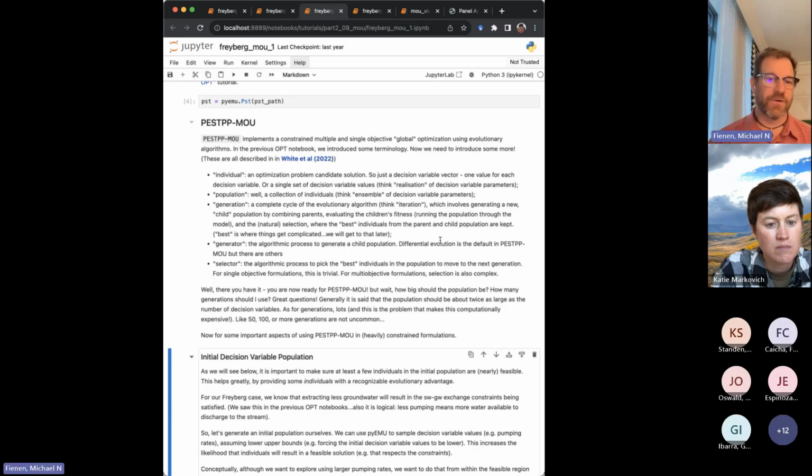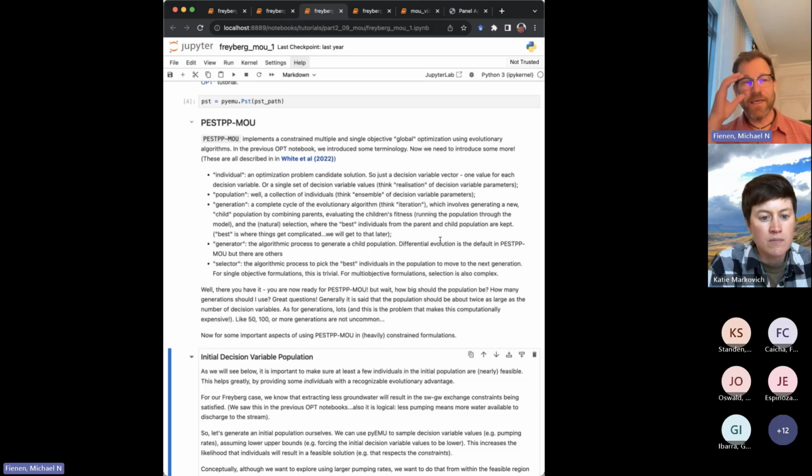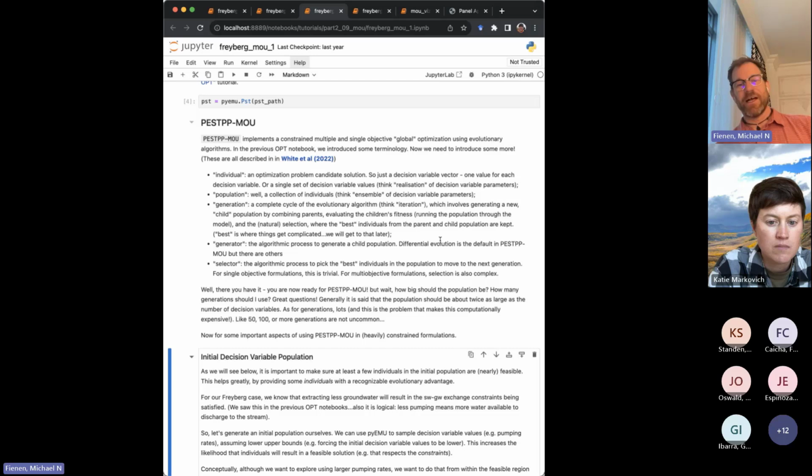The main reason for that is we're going to start using what's called a genetic algorithm or an evolutionary algorithm. We've been talking about ensembles. It also uses a concept like an ensemble, but instead of calling it that, it's called a population. And instead of the ensemble being made up of ensemble members, that population is made up of individuals.